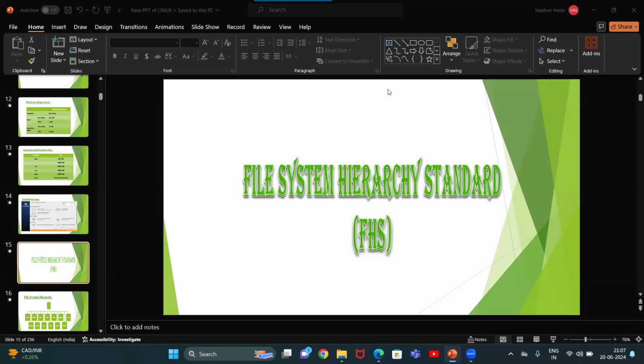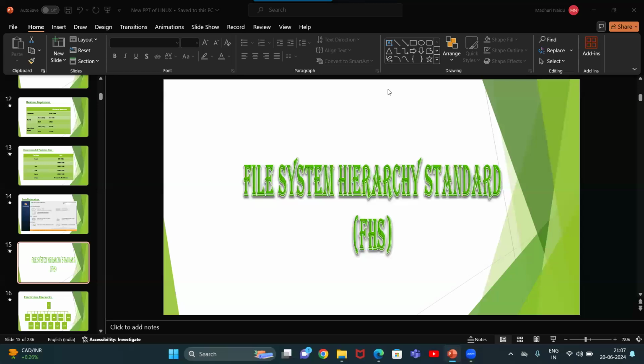Under the C drive, we have default folders. After installing the operating system, if you open your C drive, you can see some default folders like documents, administrator, user, system32.